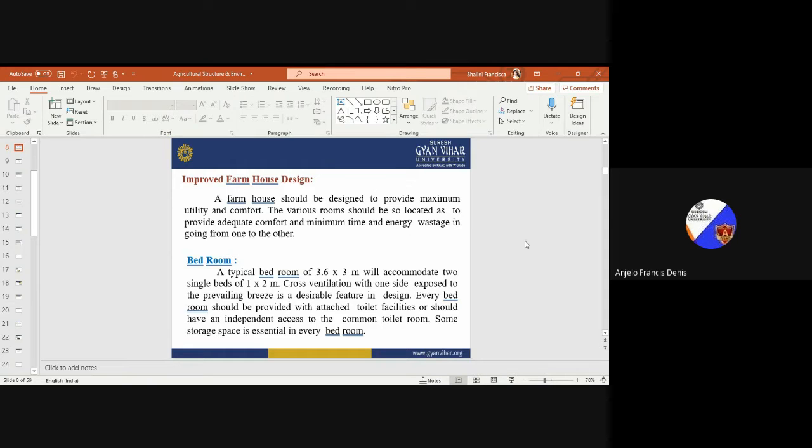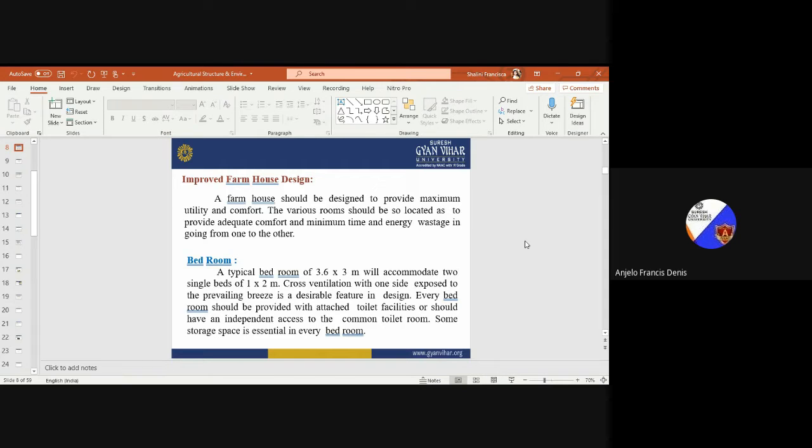In each and every room, especially bedrooms and drawing rooms, cross ventilation is a must. If there is no proper cross ventilation, the atmosphere is going to be dizzy or very uncomfortable for the people staying in that room.